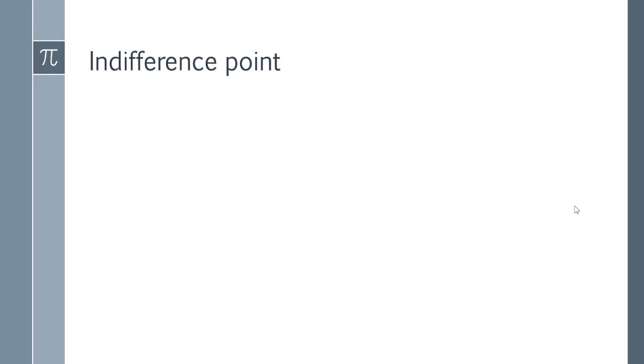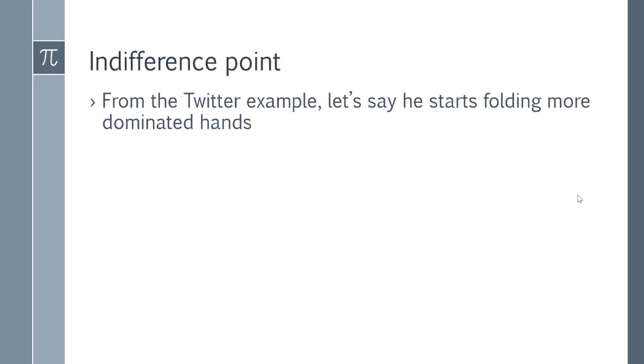Let's say that when we do bet, the opponent starts folding more dominated hands. That's when we're getting value, when he's calling with those hands that we beat. So if he starts folding those, when does it become equal for us to check versus bet? What is our indifference point for that?